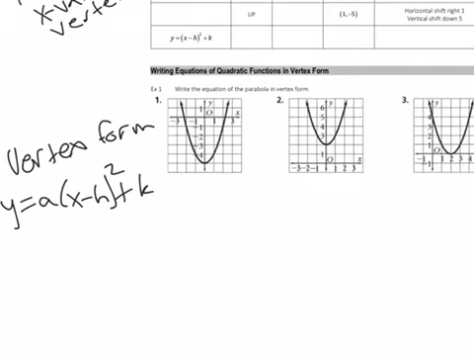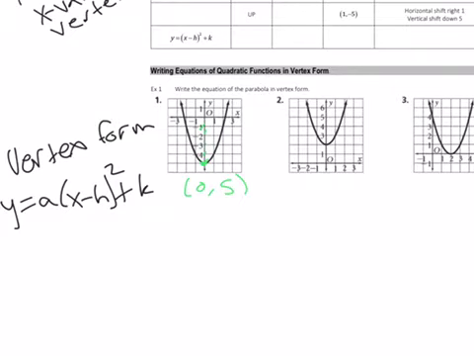However, it has gone down 1, 2, 3, 4, 5 spots. Okay? But it doesn't look like there's a vertical stretch difference or anything like that. So let's just try to rewrite that with a vertex of 0, negative 5, right? Because it sure looks like that point right there. Remember, this is opening up, so it's going to be a minimum value vertex of 0, negative 5.